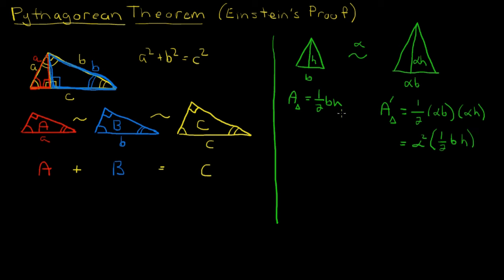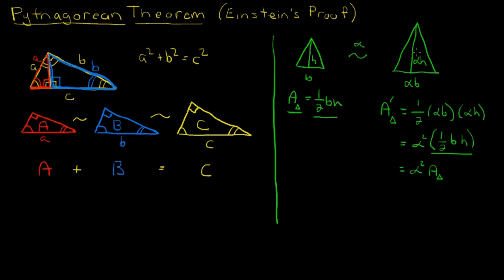Now the thing I want you to notice is that this quantity here is equal to this quantity here. So we can use this symbol as a substitute, and we can write that as alpha squared times A subscript triangle. And we are representing the area of the larger triangle in terms of the area of the smaller triangle. In other words, the smaller triangle is our unit of area.